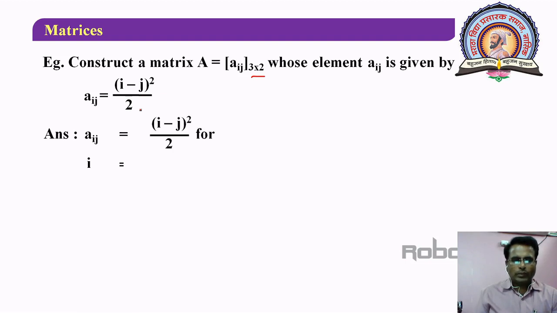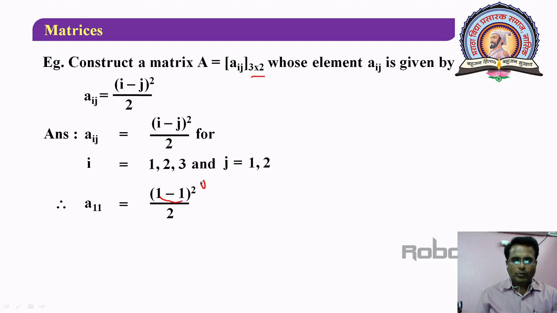Since it is a matrix of order 3 by 2, i will take the values 1, 2, 3 and j will take the values 1 and 2 only, because there are only 2 columns in the matrix. Therefore, considering a11, we get (1 minus 1) squared upon 2, but 1 minus 1 is 0.